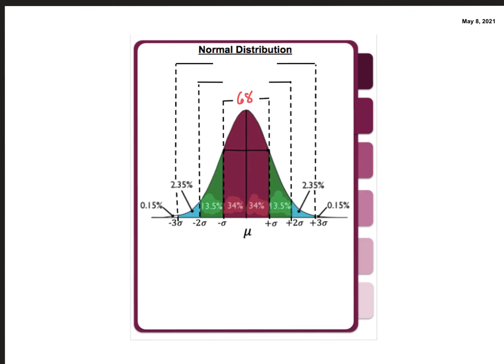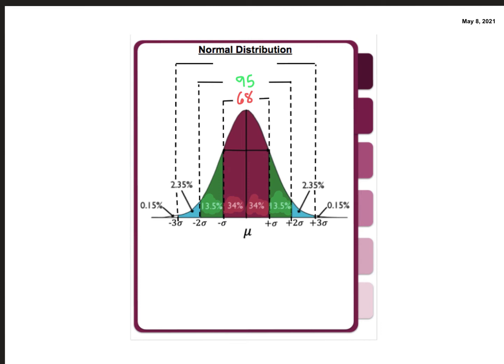So if I add 68 plus 13.5 plus 13.5, no, sorry, my calculator skills are not on par today. 68 plus 13.5 plus 13.5. I get 95. I should probably be able to do that math in my head, but I used a calculator.